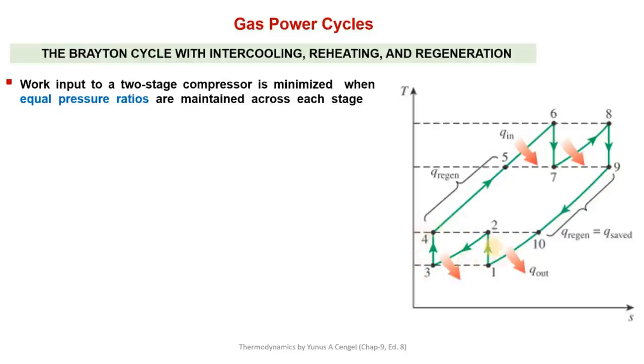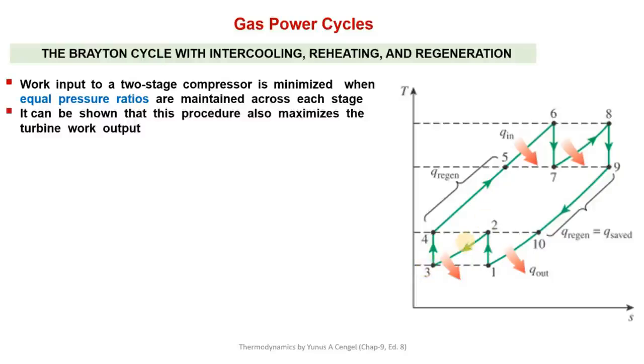That has been proved theoretically, which we will do in the next chapter, that P2 by P1 should be equal to P4 by P3. Only then we shall get the minimum work input to the compressor, right? Similarly, the same is true for the case of the turbine, that this pressure drop P6 to P7 and P8 to P9, this pressure ratio should also be the same to get the maximum work output in the case of a turbine with reheating, right?